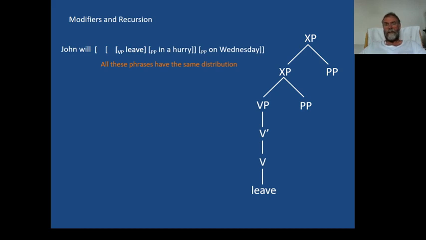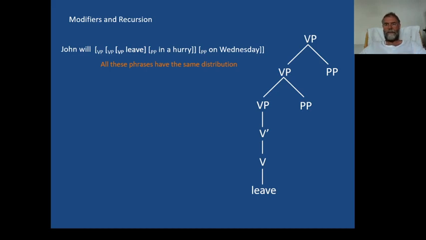But then it can take leave in a hurry as its complement. And therefore we come to the conclusion that that must be a VP. And it can take leave in a hurry on Wednesday as a complement. And that therefore must be a VP. So all of these phrases have the same distribution, therefore they are of the same category.